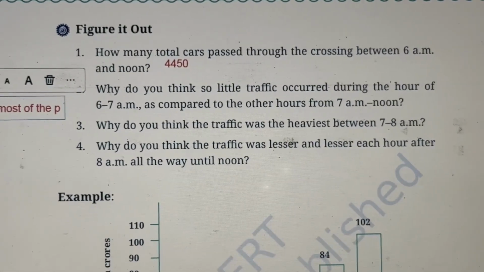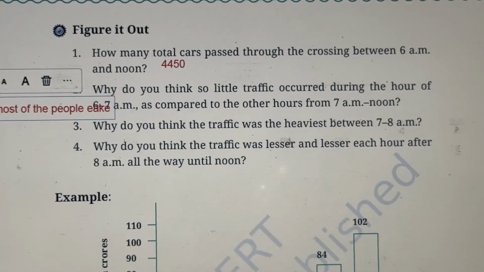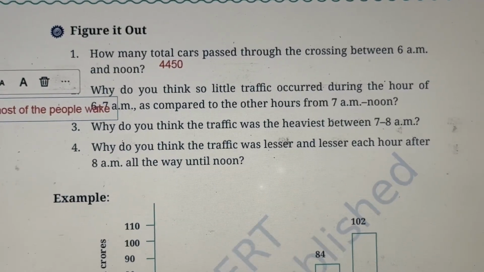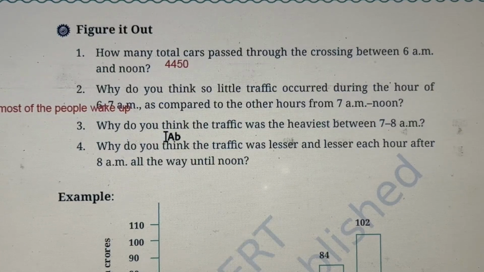Most of the people either wake up or they are getting ready, right? I have just written one line. You can write many things. Most of the people are waking up or they are getting ready. So that's why the traffic is less.